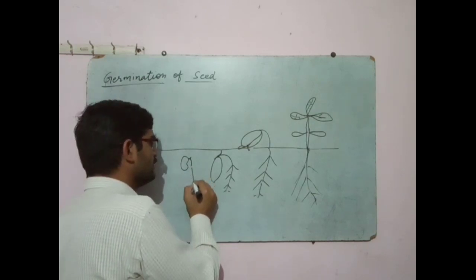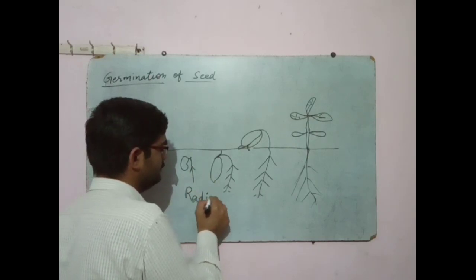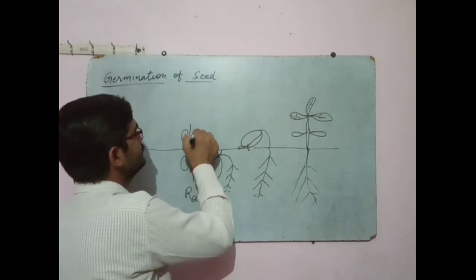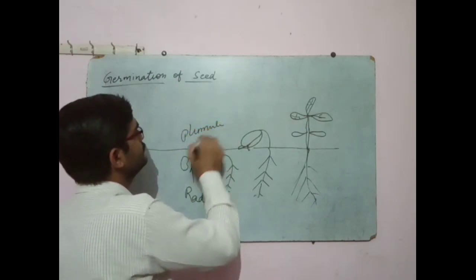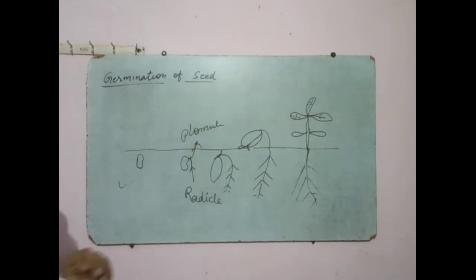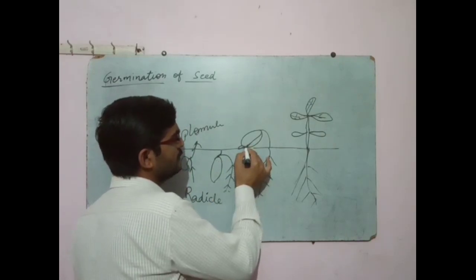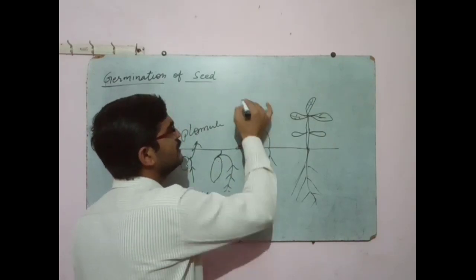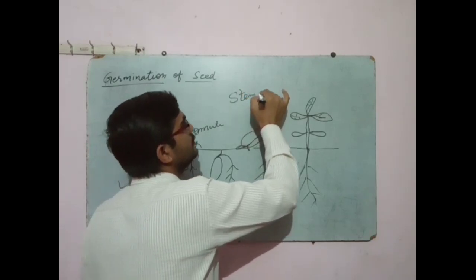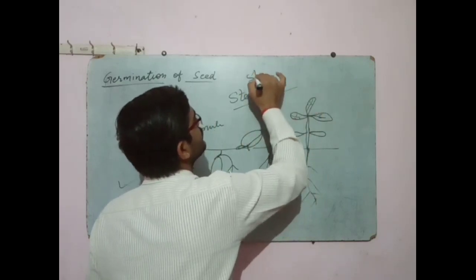This is known as, there are two parts, that is, this is radical and this is plumule. After some time, this plumule starts developing the stem system, or we can say stem, leaves, shoot system.